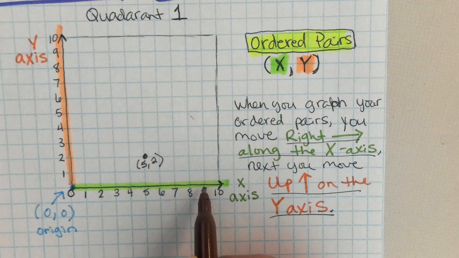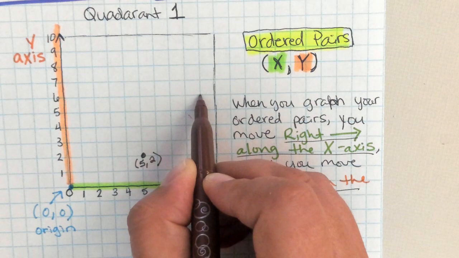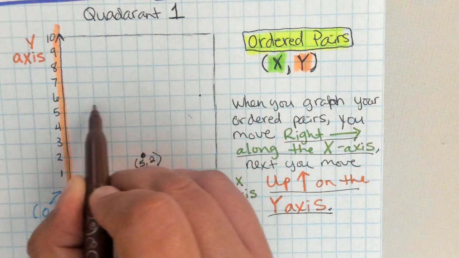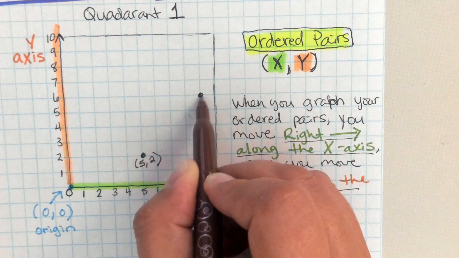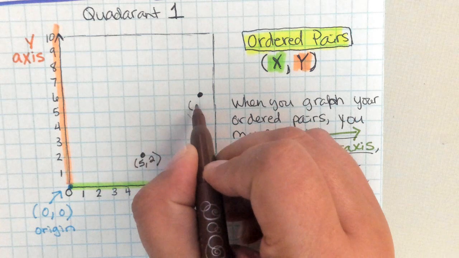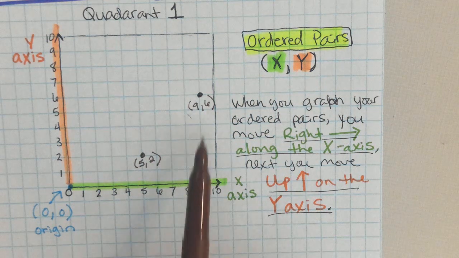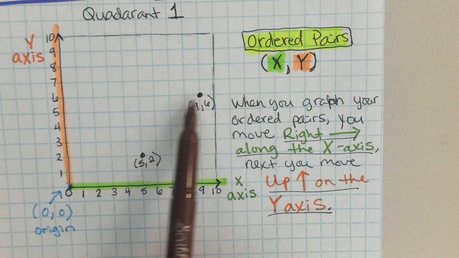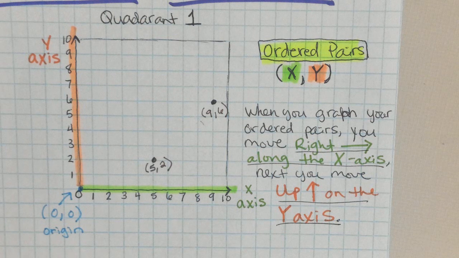And then I want to count 6 up on the y-axis. 1, 2, 3, 4, 5, 6. I also want to double check and make sure, yes, there is a 6 on the y-axis. And then I write my ordered pair. So making sure that you double check your x and your y will also be important so you don't make mistakes when you're graphing. Great job.